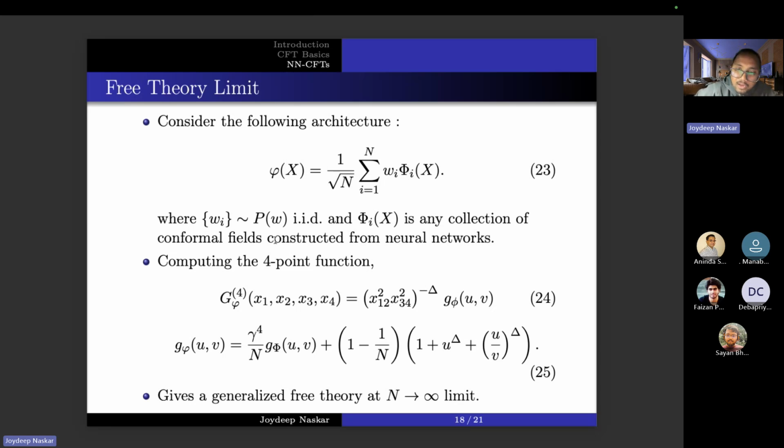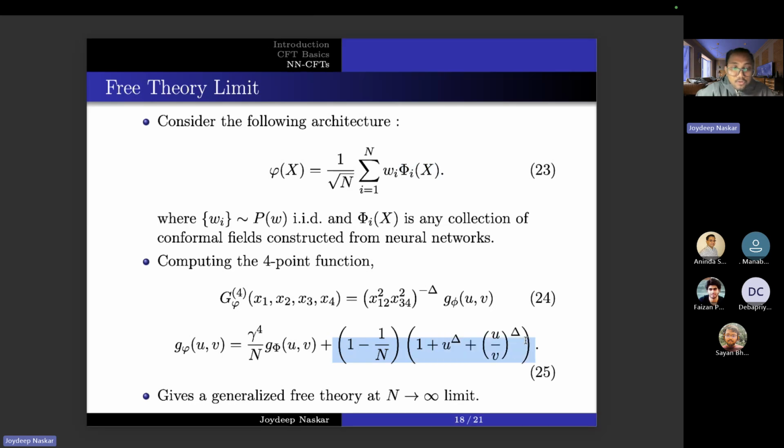If you do that, then again you can compute a certain 4-point function, and in this case the 4-point function would have a fourth moment related to the 4-point function that you'd get for one particular phi, like what you'd expect from each of these phis. And there would be other terms coming because there are N many of them.